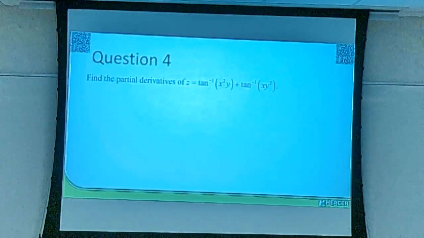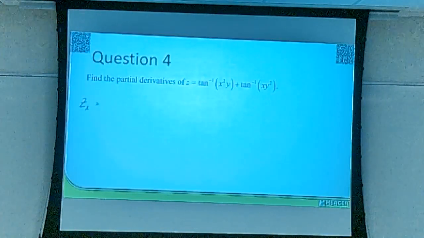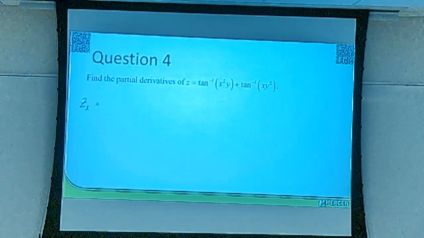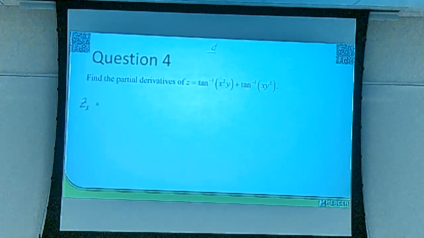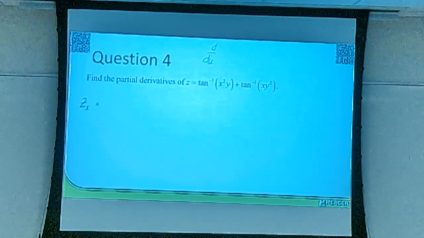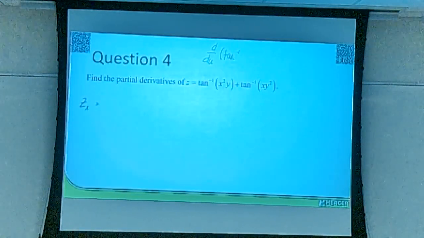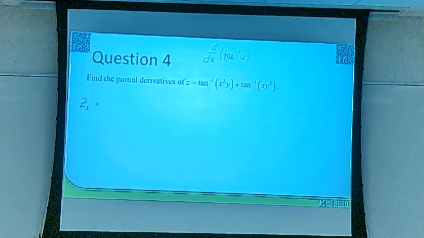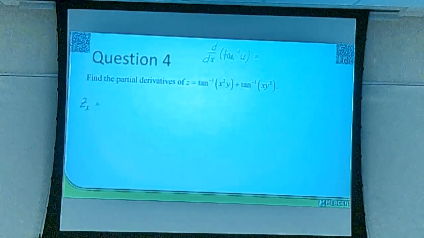Inverse tangents again. So the general rule for inverse tangent.